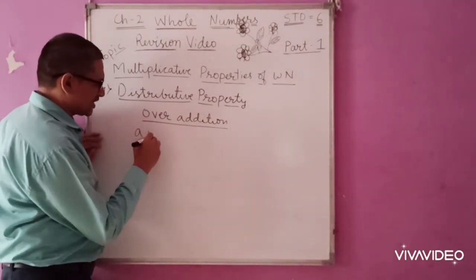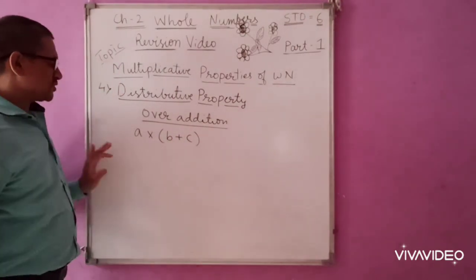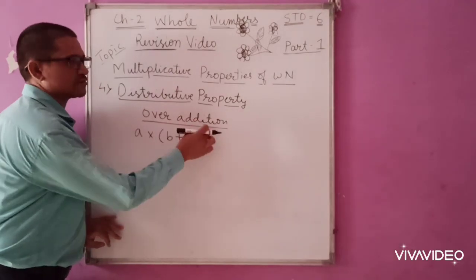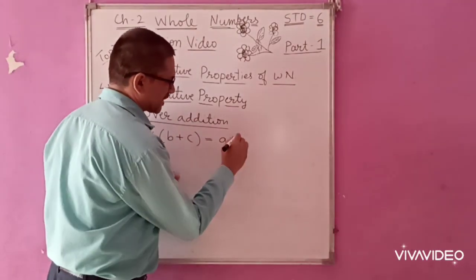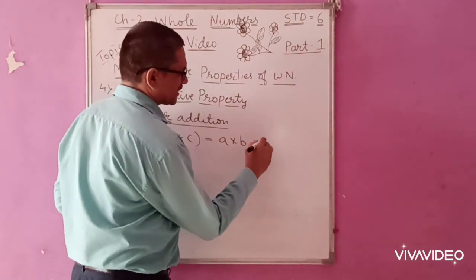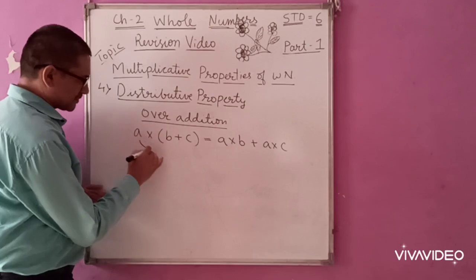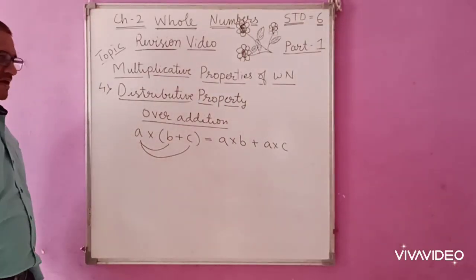Now A multiplied by B plus C. Here there is a plus sign, so that is over addition. That means A multiplied by B plus A multiplied by C. This number is multiplied with this, and the same number is multiplied with this again.